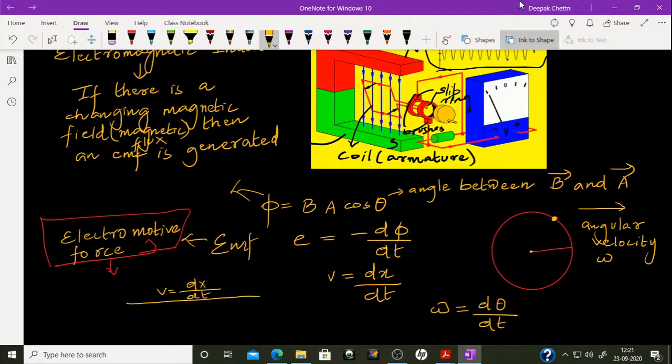So if the object covers an angle d theta, small d theta, in time dt, then the angular velocity is d theta by dt. In the same way, if the angle is theta and the time it takes is t, then omega will be equal to theta by t. Is this point clear? This is very important.